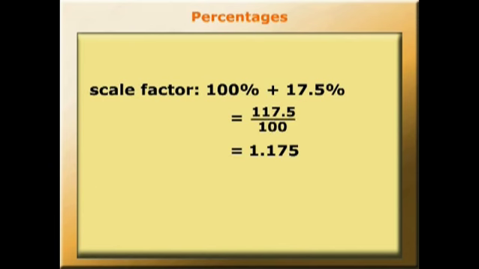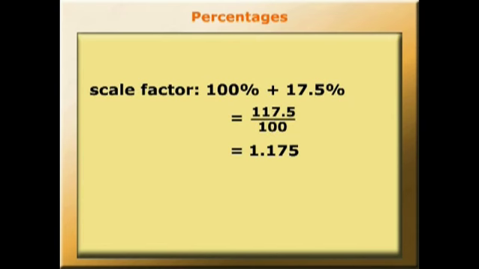Now what we want to know is, if the £15,000 car includes value-added tax already, what's the price of the car before the addition of VAT? If we want the price before the increase, we can use our scale factor.